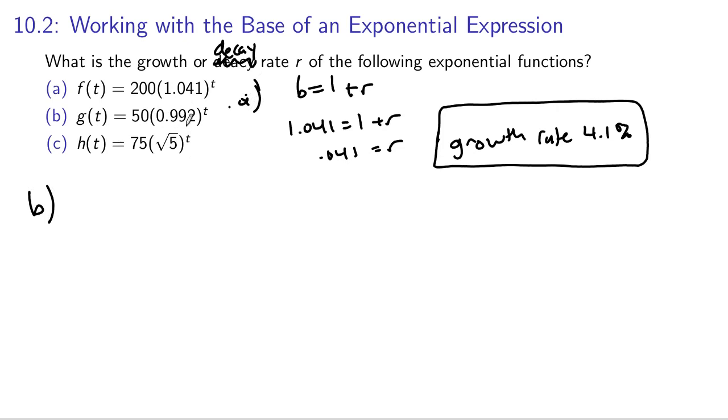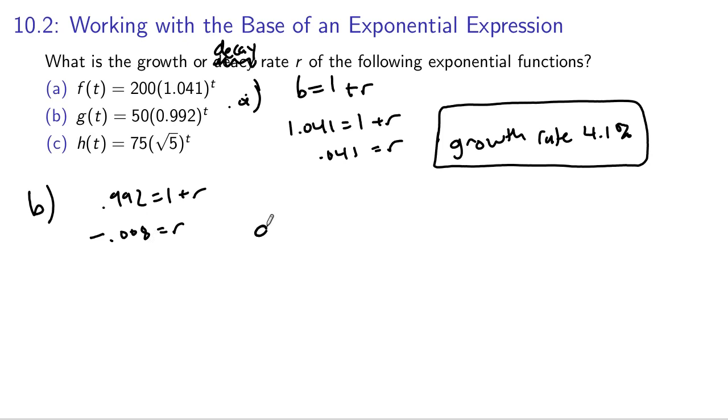Here we have a B of less than 1, so we should end up with a decay. So we have 0.992 is 1 plus R. So we subtract 1 and we get negative 0.008 is R. Now, in English, we're not going to say the growth rate is negative 0.8%.